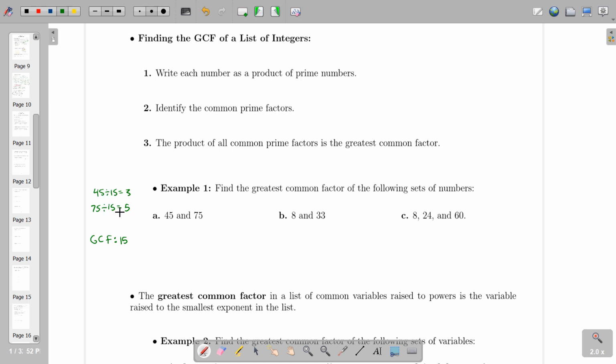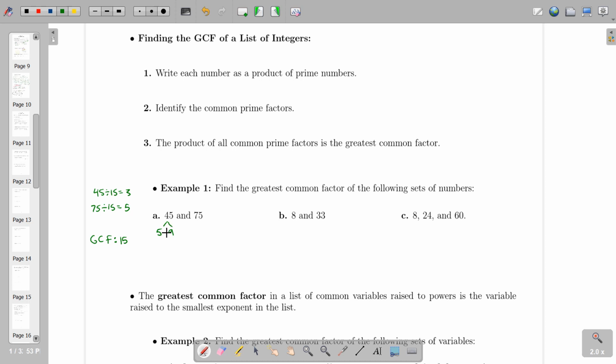Okay, so you might just know that, but let's say you didn't. Then what you could do is what we call prime factor both of these numbers. The way you prime factor is you look at 45 and say, what are two things that come to mind that multiply to make 45? Well, 5 and 9, right? 5 times 9 is 45.